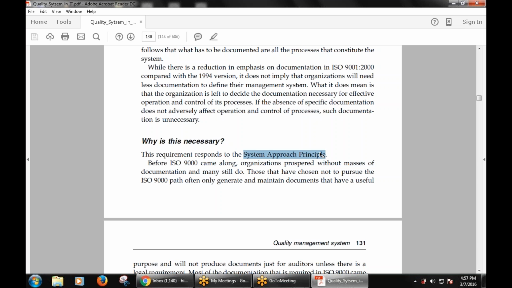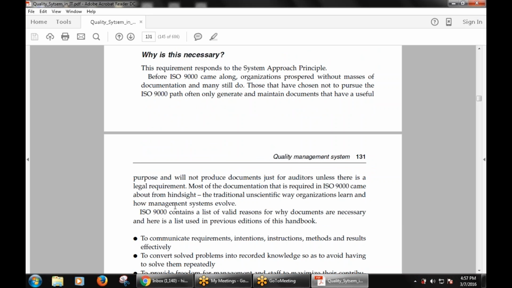Before ISO 9000 came along, organizations operated without masses of documentation, and many still do.